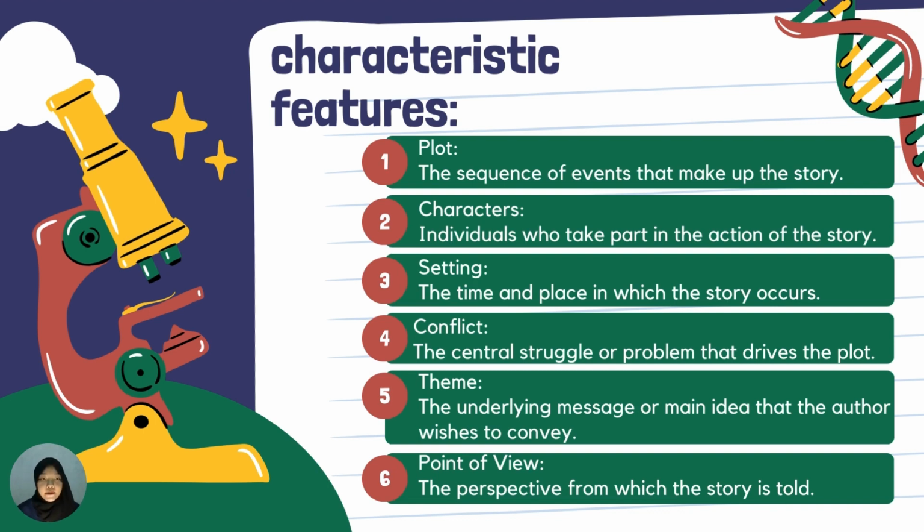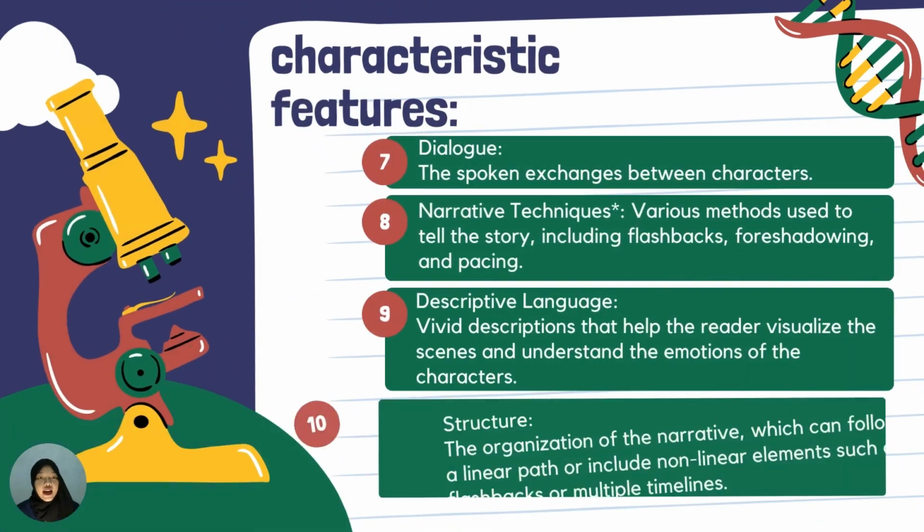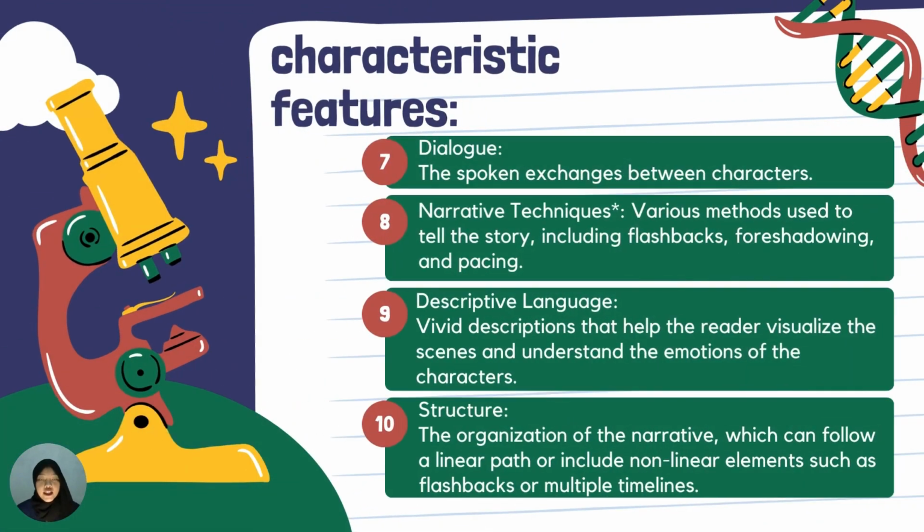The fifth is theme, the underlying message or main idea that the author wished to convey. Sixth is point of view, or the perspective from which the story is told. And the seventh is dialogue, the spoken exchange between characters.